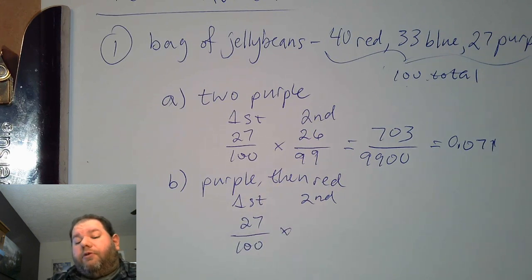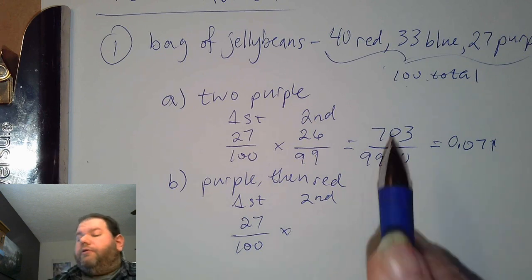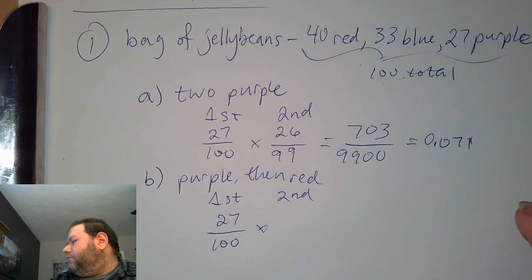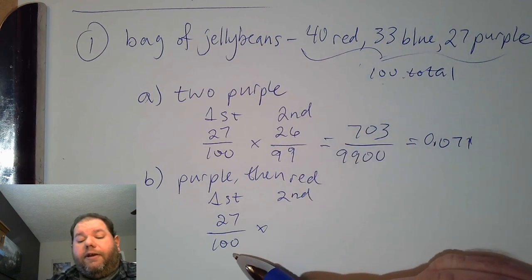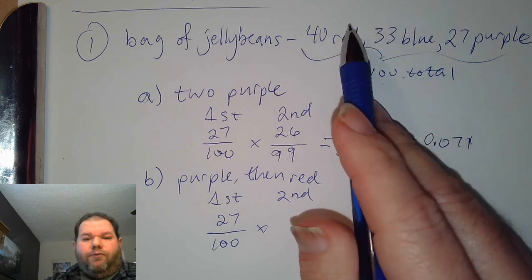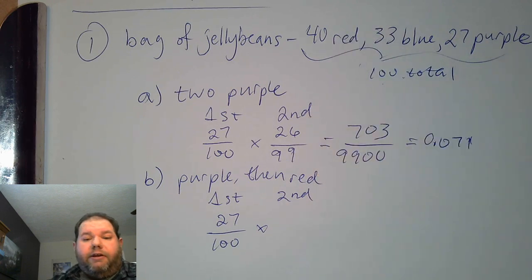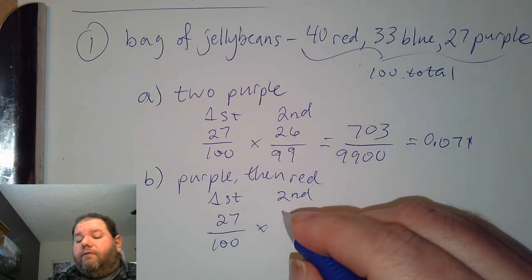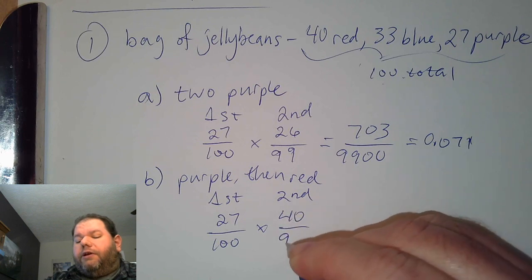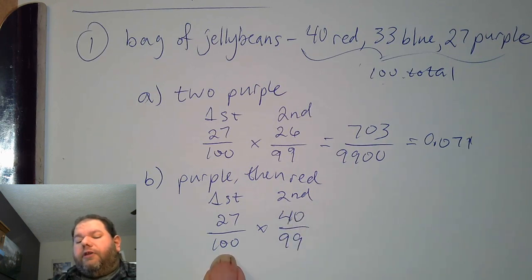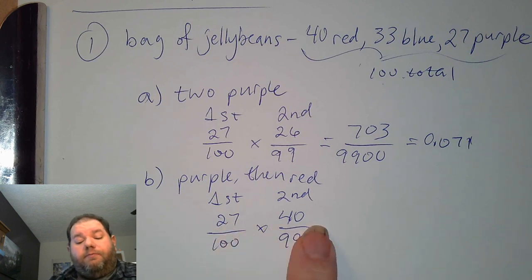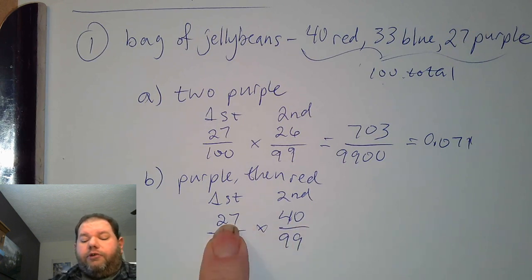For the second one being red, there are 40 red jelly beans. Even after we've taken out one purple, there are still 40 red jelly beans of the 99 remaining. So 40 over 99. There's now one less jelly bean, but all the red ones are still there.